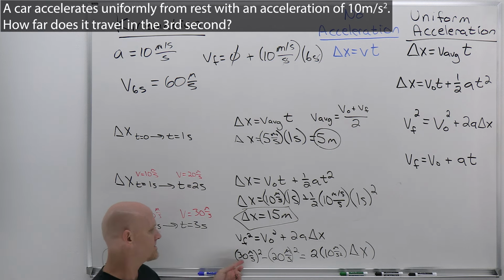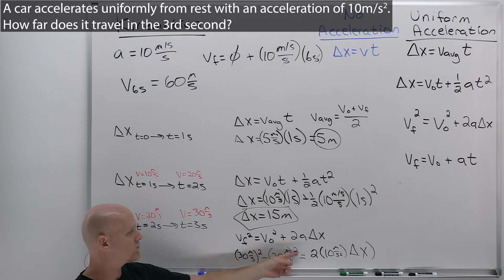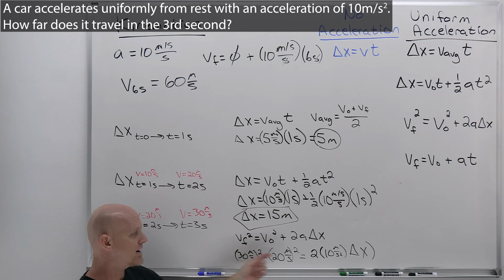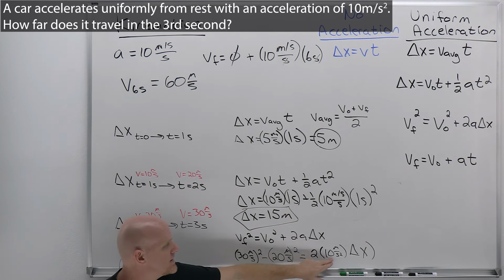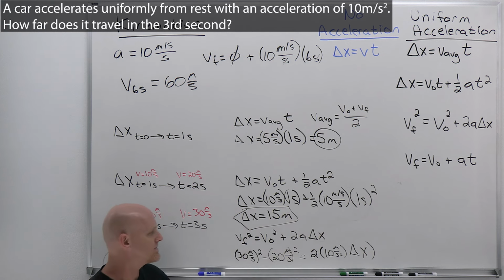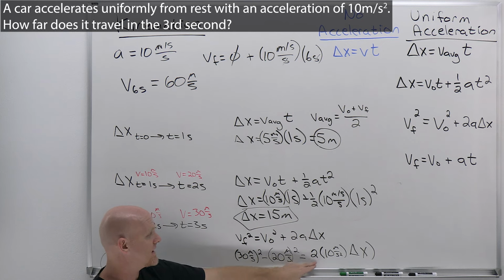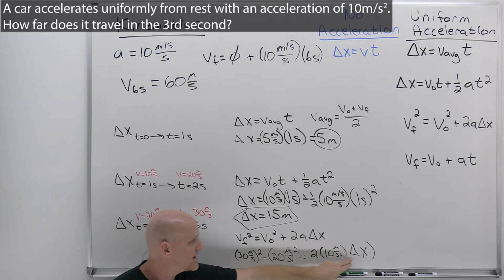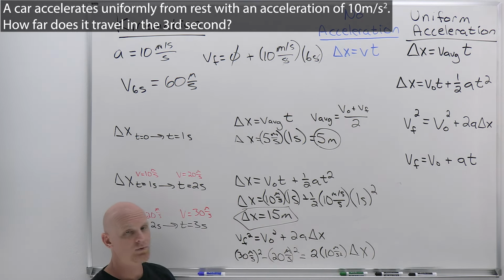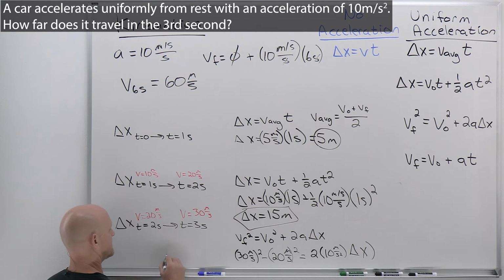Well, 30 squared is 900, 20 squared is 400, 900 minus 400 is 500, and then 500 divided by 20, which I might do differently. I might do 500 divided by the 10, so that's 50, and then divided by the 2 is 25. And yet again I get delta x equals 25 meters. Same answer anyway.